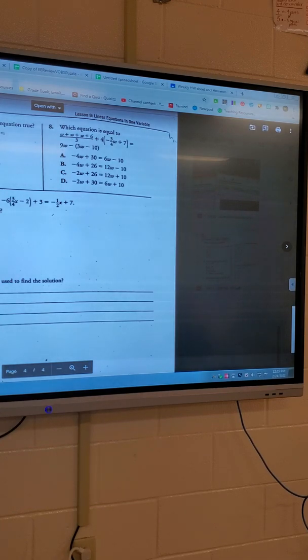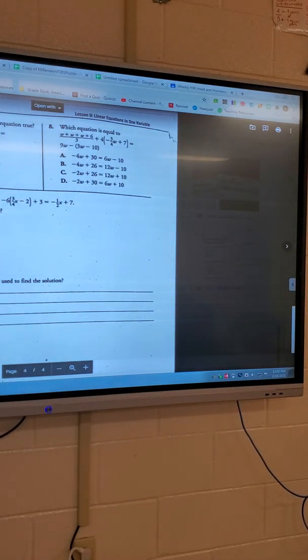You could literally separate this into two problems. 23p plus 1/4 minus 1/4 times 8p plus 1. There's one of them. And then you have 5 times 4p minus 6 plus 10.